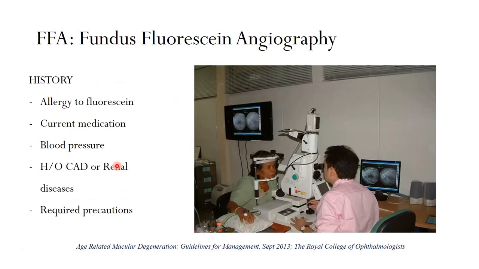Before taking an FFA, you have to check whether the patient is allergic to fluorescein, check the current medication they take, and check for renal diseases and the blood pressure, etc.